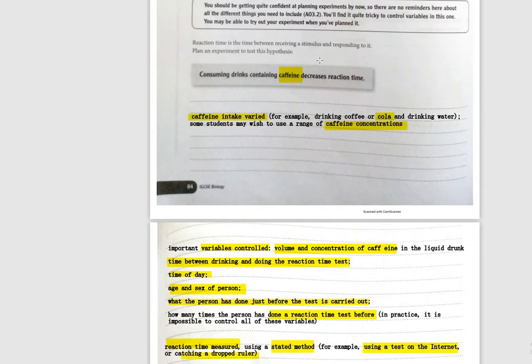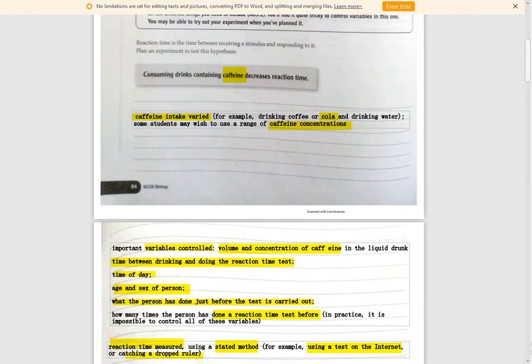Since it's a hypothesis, you also need to mention your apparatus and your method of conducting the experiment. One thing you have to mention is the apparatus for measuring the caffeine concentrations. You could say using a syringe, or sometimes a balance to measure mass.